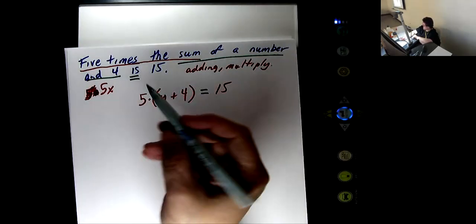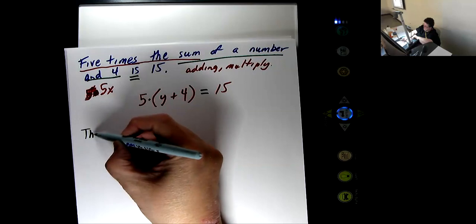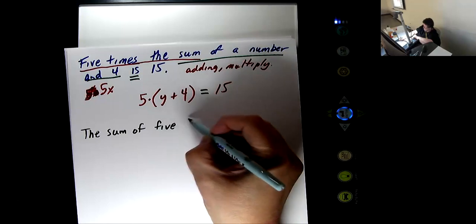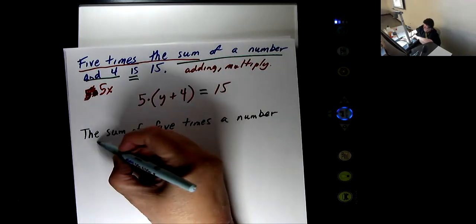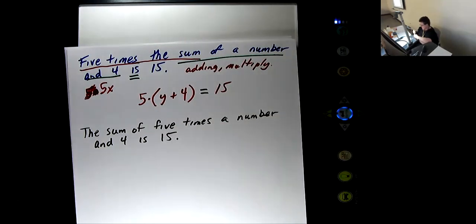Let's look at a slight twist of the same thing. We're gonna have the exact same words in there. This one's gonna say the sum of 5 times the number and 4 is 15. Okay, so this is my equal sign.